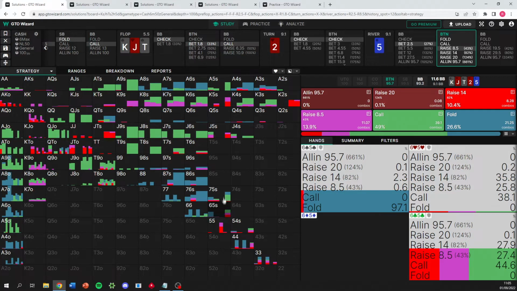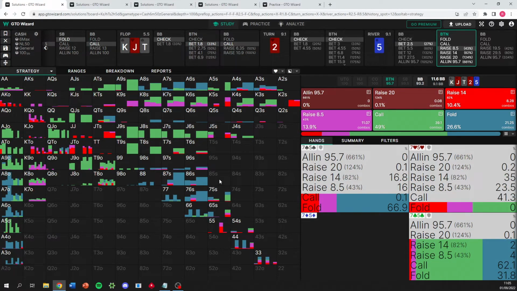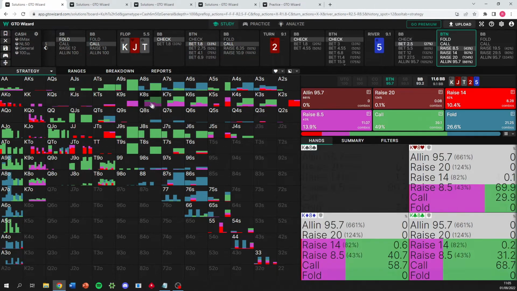Okay, so yeah, weak pairs make for pretty decent bluff raises. And maybe a quick word on how thin you can go: even King 6, King 7, King 8 is value raising here.